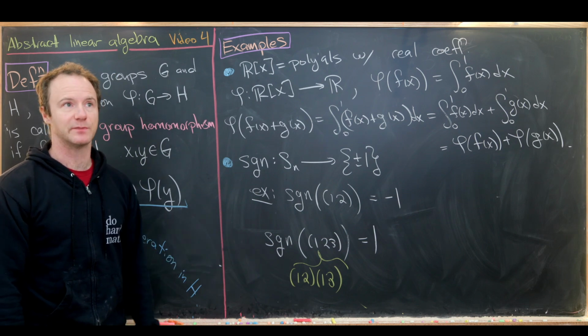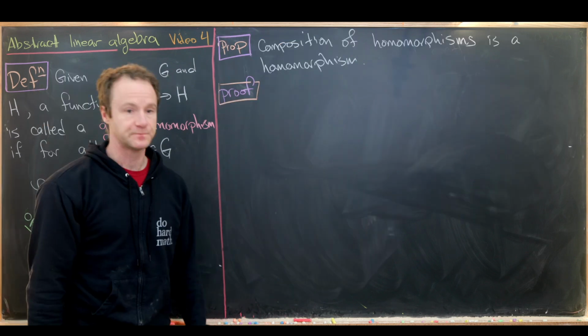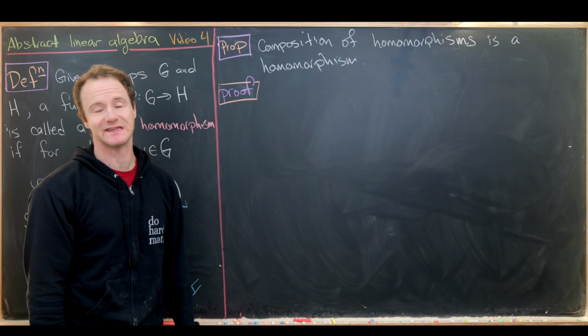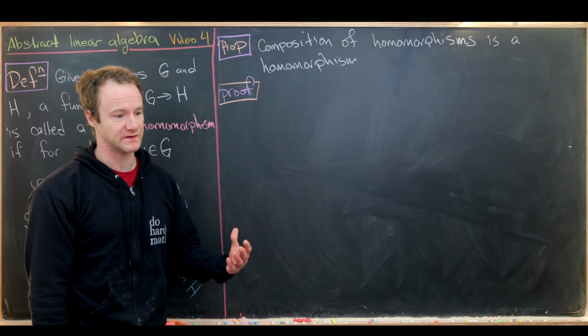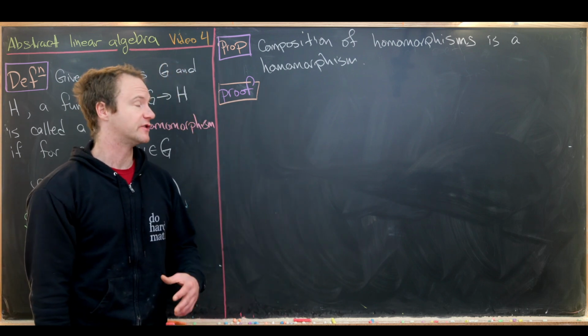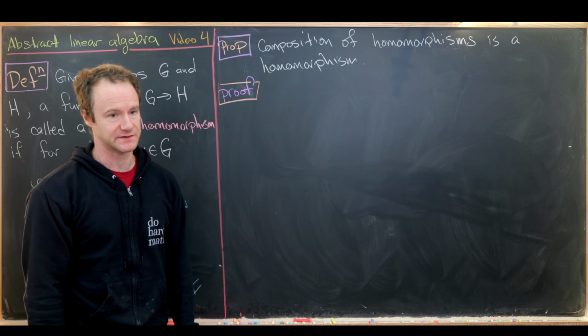Okay, now that we've covered a bunch of examples, let's prove some standard results involving homomorphisms. So the first basic result we'll prove is that the composition of homomorphisms is a homomorphism. And we'll do this with the composition of 2 homomorphisms, but then iteratively applying this over and over, you could see that this is good for the composition of any number of homomorphisms.